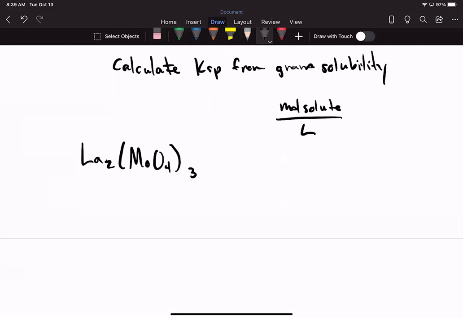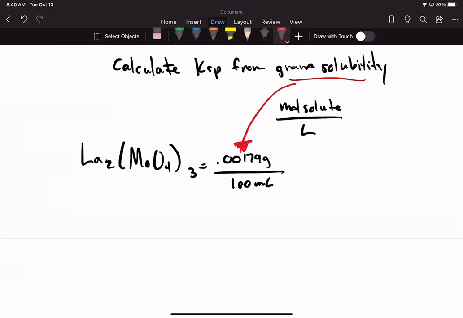We'll say the gram solubility here is 0.00179 grams per 100 milliliters. This is what we consider gram solubility: a certain amount of grams dissolved per 100 milliliters.